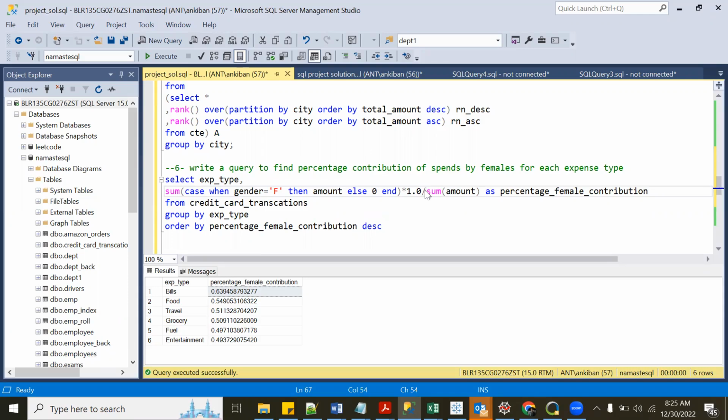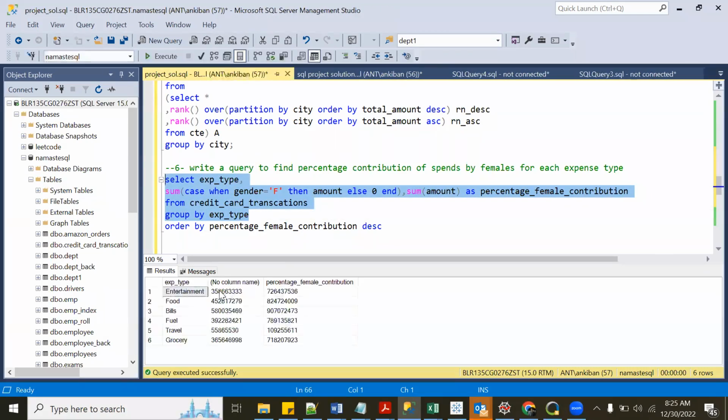So let me show you what is happening. Let me just add a comma here, and I run this. So see, this is only by female, right? Because I have said gender is equal to female. If gender is not female, then I'm doing 0. So for male, I'm not counting here in the aggregation. And this is the total sum, because group by is on expense type.